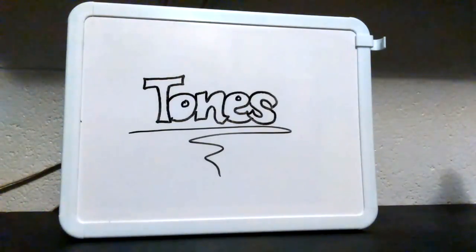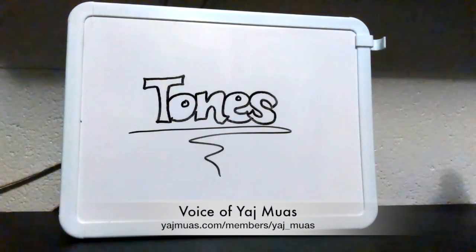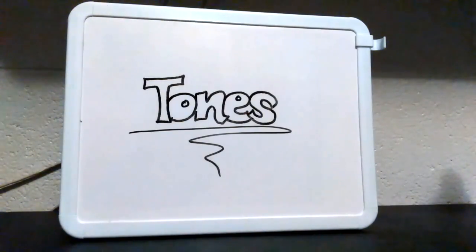Okay, so now we're getting into the real meat of reading and writing. Tones are very, very pivotal in Hmong. There are 8 tones, and pretty much that means you can pronounce a word 8 different ways and make 8 different words. Now, not every word has each tone.